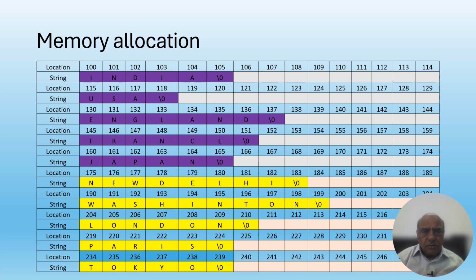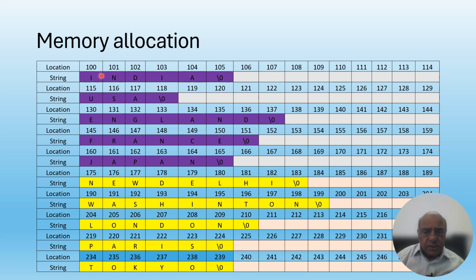Now let us see how this 3D array of strings is stored in the memory. This chart shows the way all the elements of the 3D array are stored in the memory. So this is location number 100. Please note, this is just an arbitrary number I have chosen. The actual memory location number in our program will differ definitely.